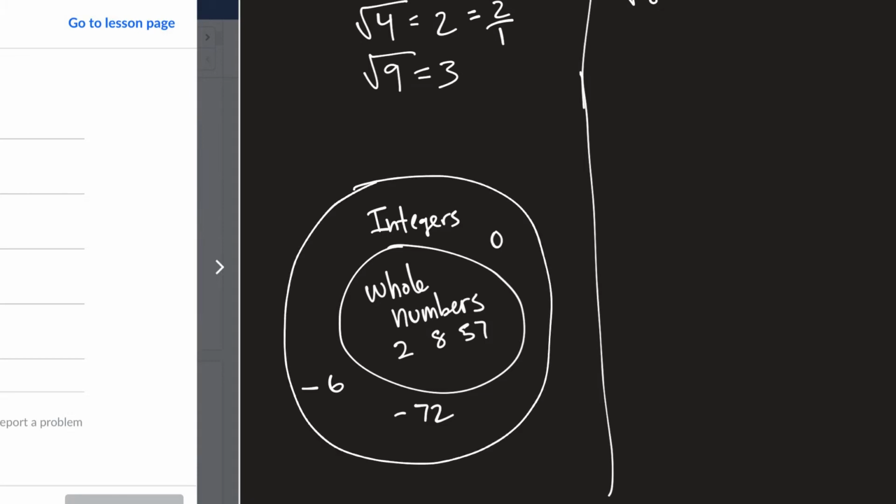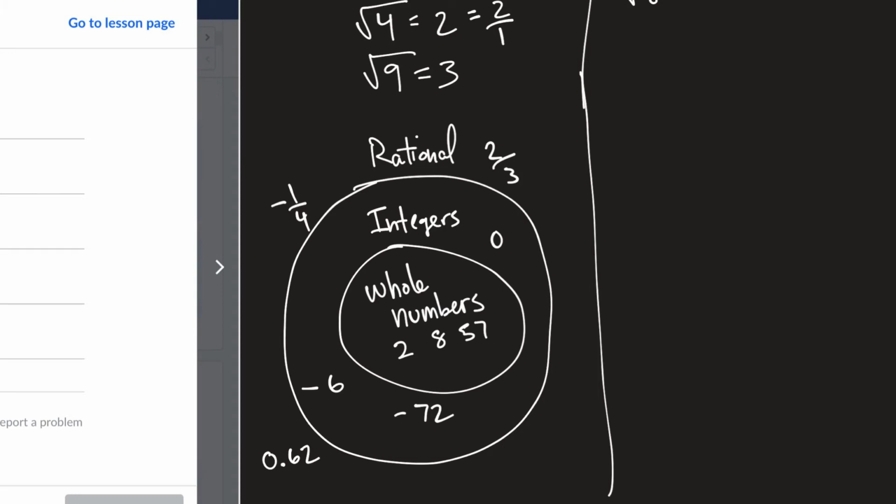And then we have the rational numbers. And that includes those numbers I was just talking about. But it also includes the whole numbers and the integers. So if it's not a whole number or an integer, we're talking about fractions like the 2/3, like the negative 1/4, like a decimal that comes to an end or repeats, like 0.62, something like that.